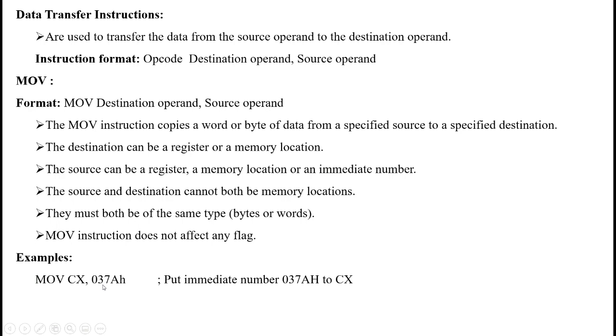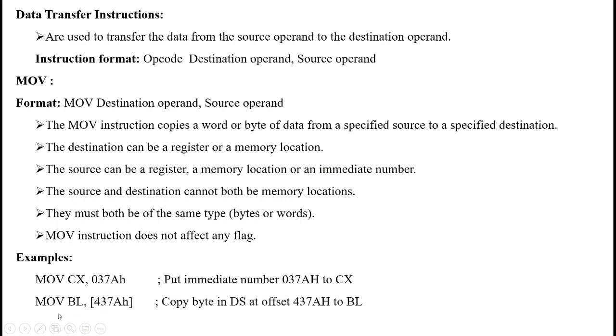We have the data 037AH. This data we are transferring to the CX register. That is the function done by the move instruction. It moves the data 037AH to CX. CX acts as the destination operand, and this value is the source operand. So after execution of this instruction, CX is loaded with 037AH.